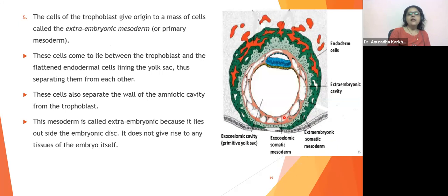Then we saw that these cavities in the extra embryonal mesoderm are going to be seen very clearly, and you can also see the trophoblastic cells which are forming a multi-layered structure at one of the ends. You can see very well over here.